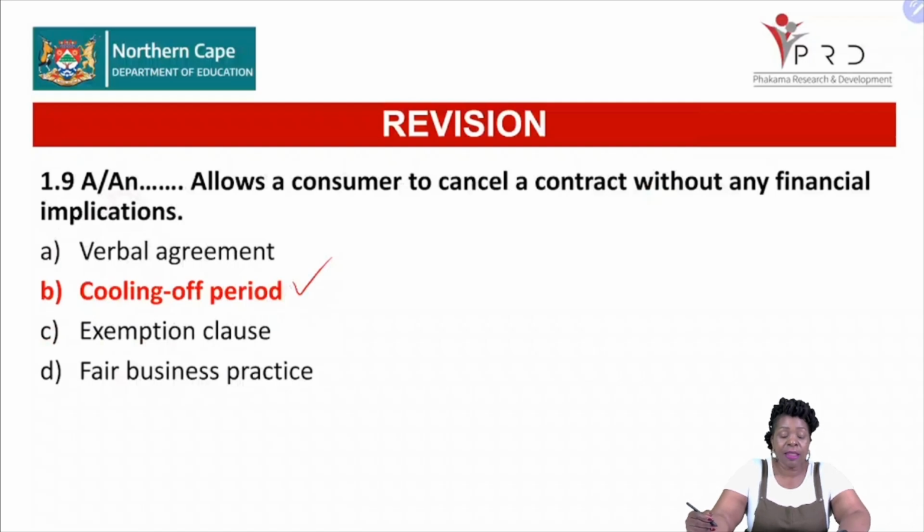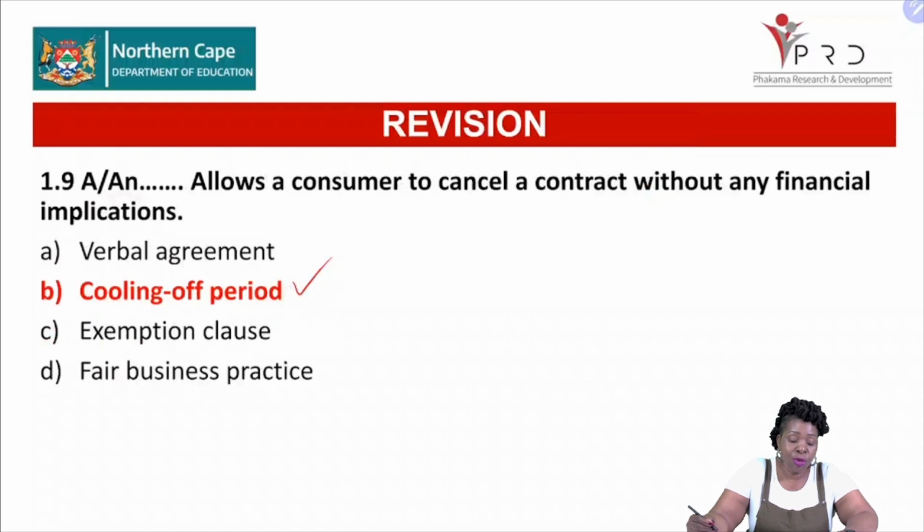This is the type of contract that is initiated through direct marketing. Direct marketing is when a seller approaches you through a telephone call, or they send you an email or a message. So once you take a contract done directly, we are allowed 5 working days, which is called the cooling off period.